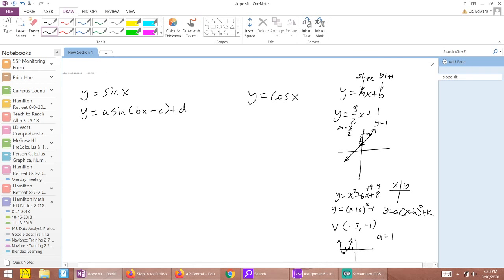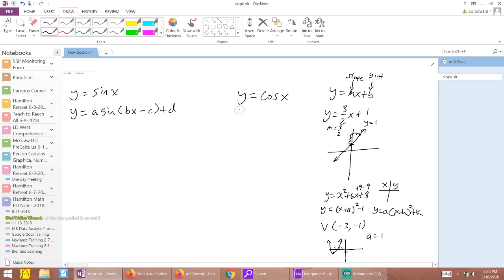The h and the k were the vertex of the graph, and the a was how fast the graph changed. Our sine and cosine graphs follow the same idea where there are characteristics, and if we can figure out what those characteristics are, we can graph these actually really quickly.